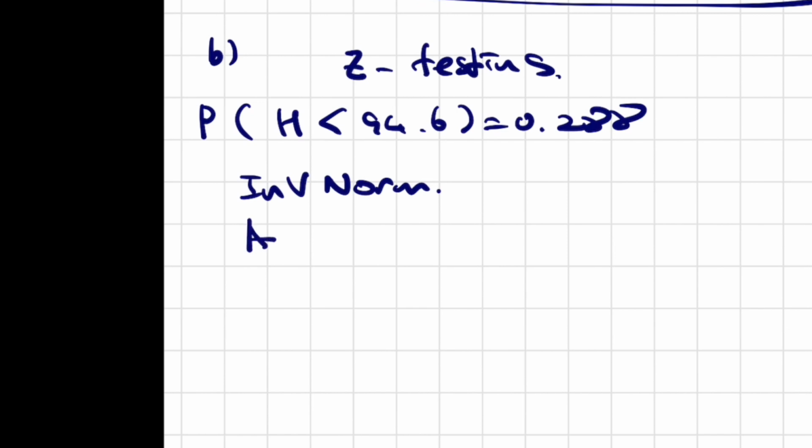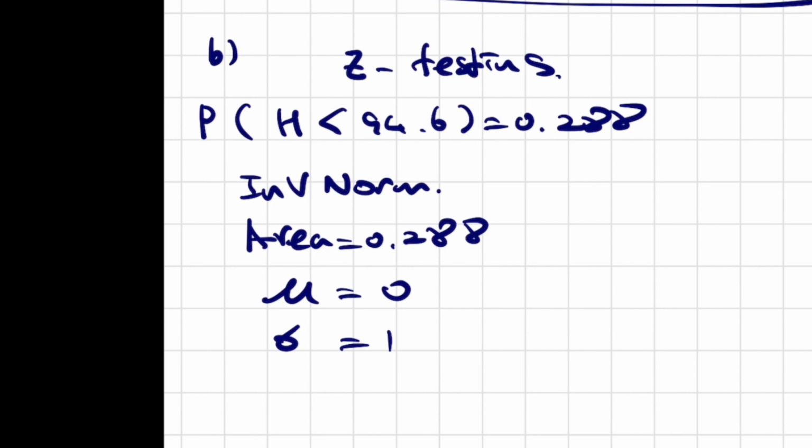So I'm going to set area as 0.288, mean value as 0, standard deviation as 1. And for the second part, since H has a greater-than condition, we have to change that into less than, so we can calculate the z value.